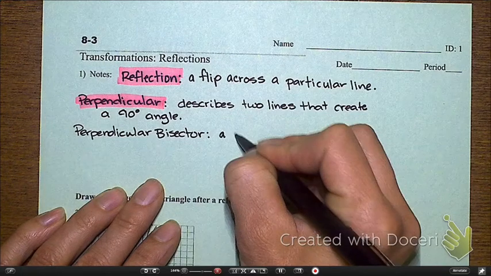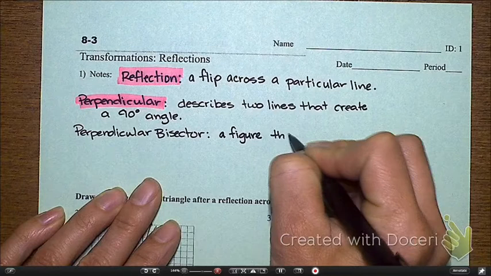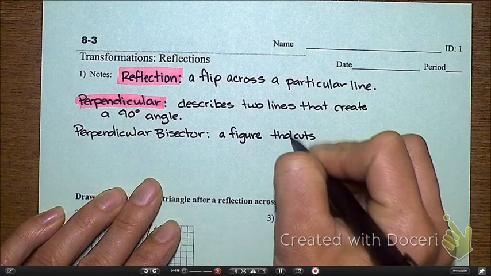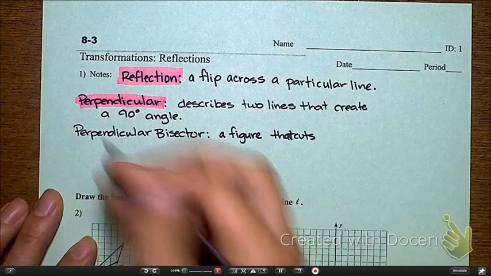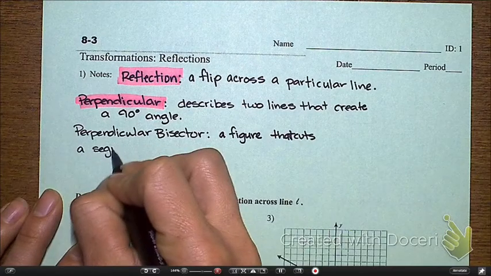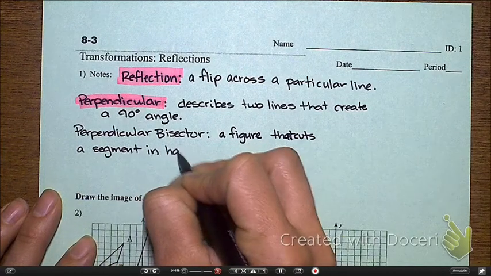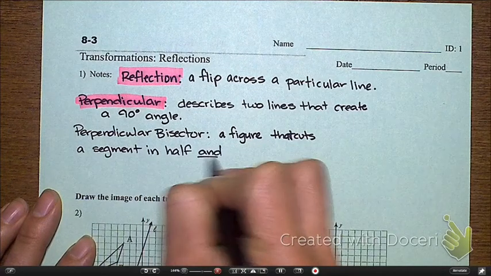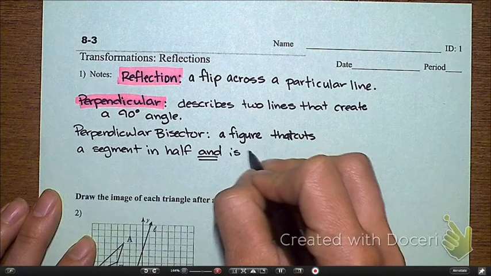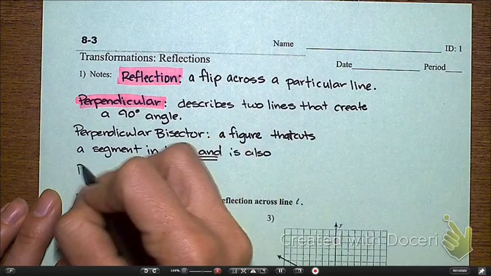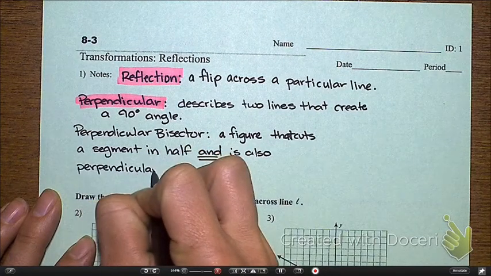So a perpendicular bisector is a figure that cuts a segment in half and is also perpendicular to the segment. Did that say that cuts?